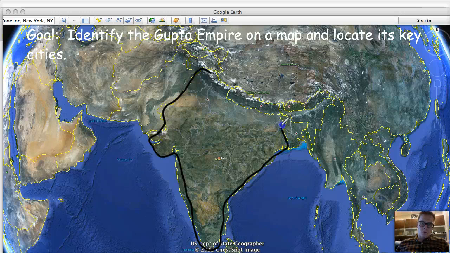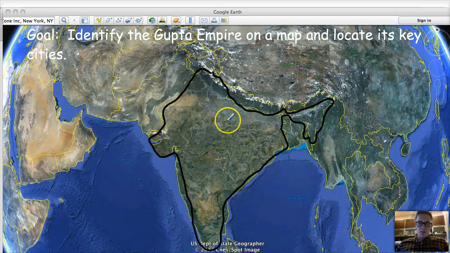Goes around this. This is Bangladesh. Bangladesh at one time was part of India, but it's broken off now. By Bhutan, around Nepal, and we're back at the northern part of India. Alright, so this is the modern country of India.